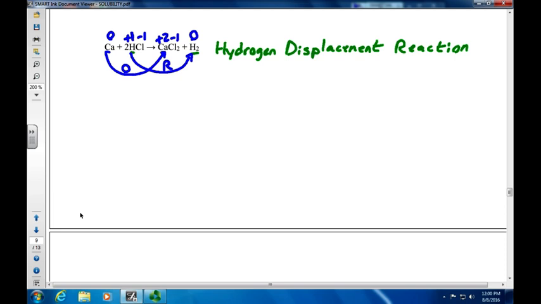Therefore, it doesn't actually do anything in terms of the oxidation reaction. So we can then determine that our hydrogen is being reduced and is therefore our oxidizing agent.